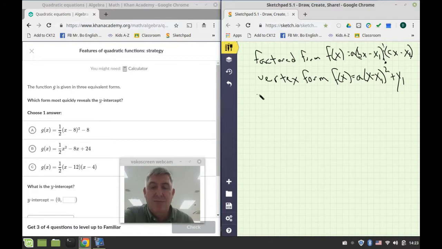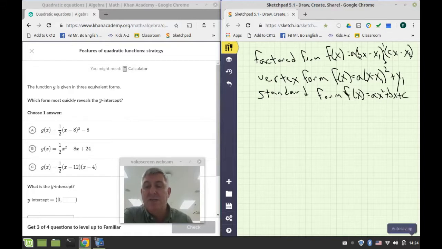And the last, well, really we studied standard form way long ago, but we didn't use it until the end here. Ax squared plus bx plus c when we got into quadratic formula and such.